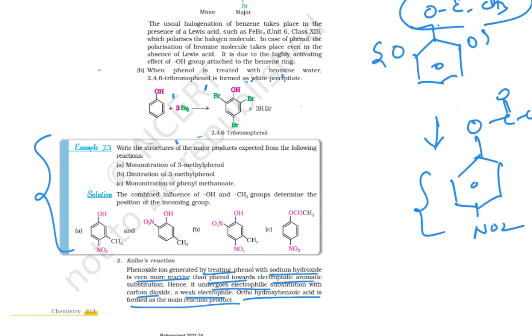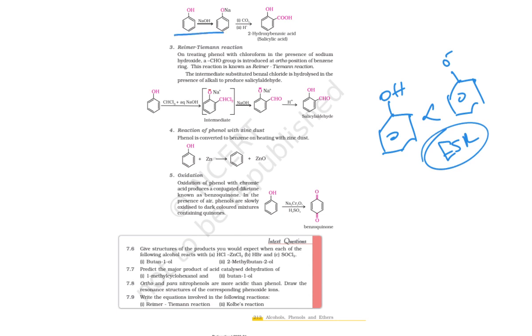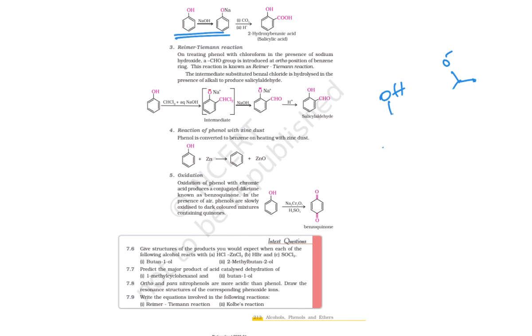Look here, what they are saying is, phenol and phenoxide, this is more reactive towards the electrophilic substitution reaction. That is the reason why first they generate the phenoxide. So this is your sodium phenoxide, right? Sodium phenoxide.